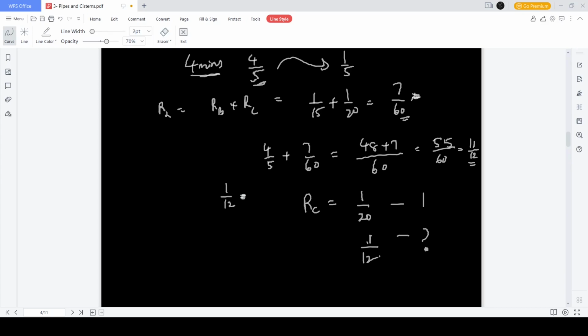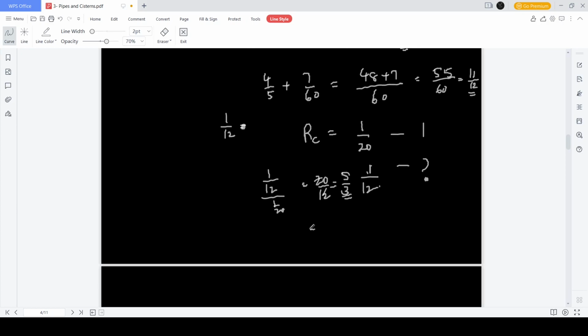We cross multiply. We get 1 by 12 divided by 1 by 20, that is 20 by 12, which is 5 by 3. 5 by 3 minutes it takes. That is nothing but 1 minute and 40 seconds.